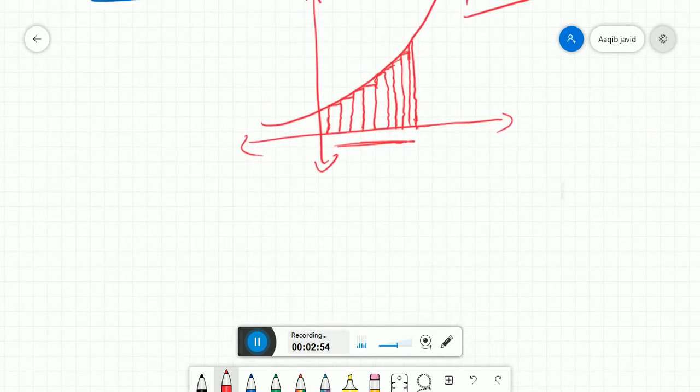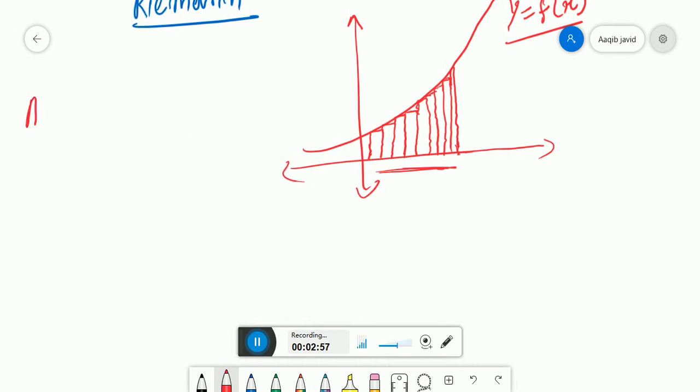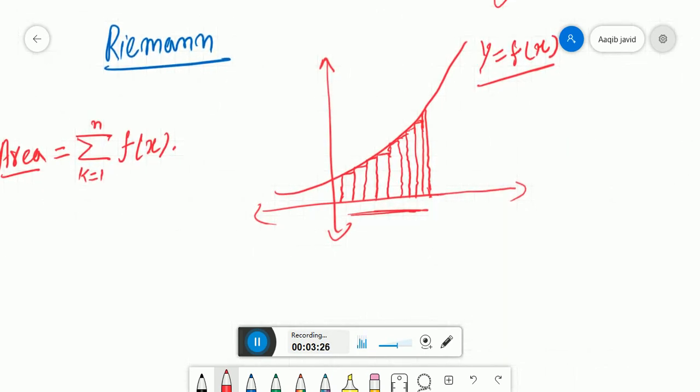So what Riemann did was, he said the area of this will be equal to the summation, let k be a dummy variable and n be the number of rectangles you are dividing the area into. So the summation from 1 to n of the height, the simple idea, f of x, because when you put any value of x into f of x, it will give you the rise of the curve, or y, that's the height.